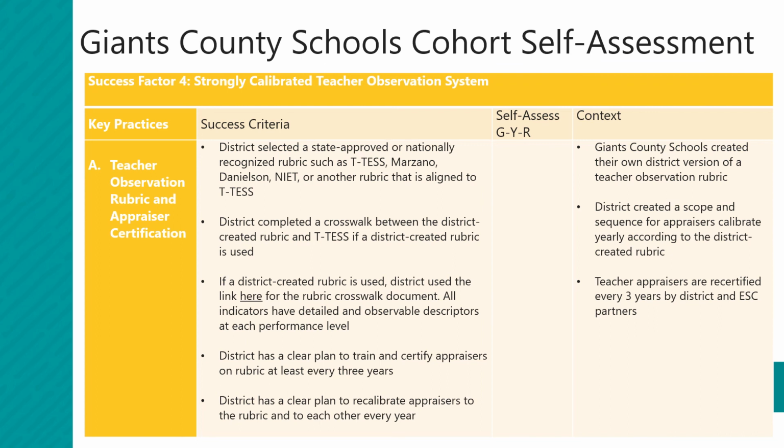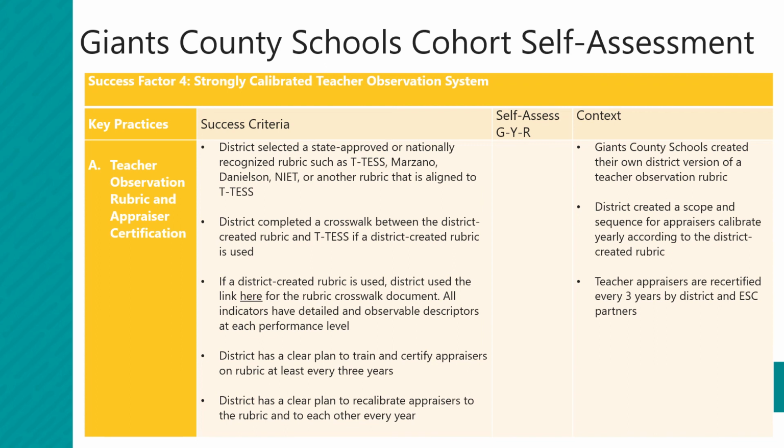So here you see that Giants County Schools has their own district version of a teacher observation rubric. So if you look at the success criteria, the first bullet indicates that a district needs to use a state-approved or nationally recognized rubric, such as T-TESS, Marzano, Danielson, or an NIET, and they can also use a rubric that is aligned to T-TESS.